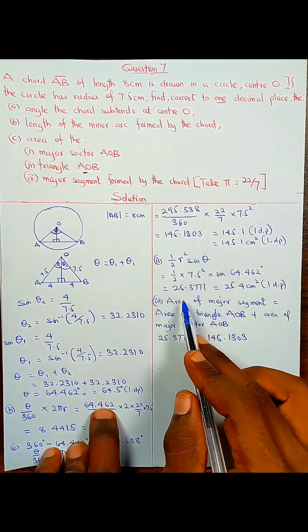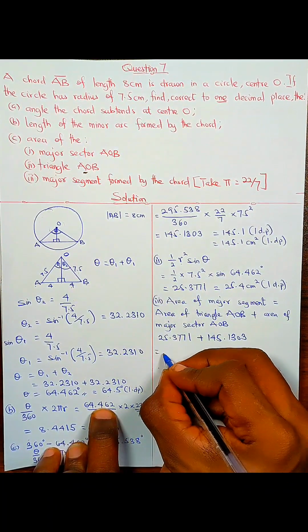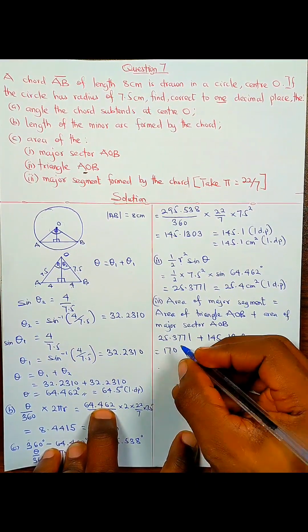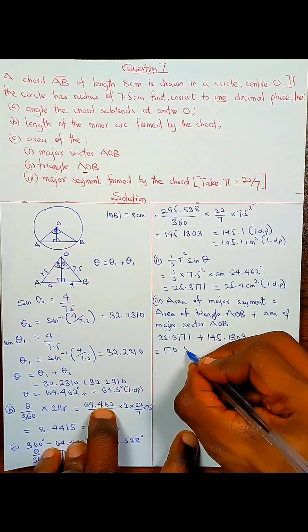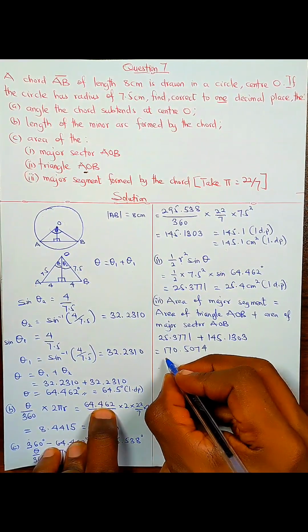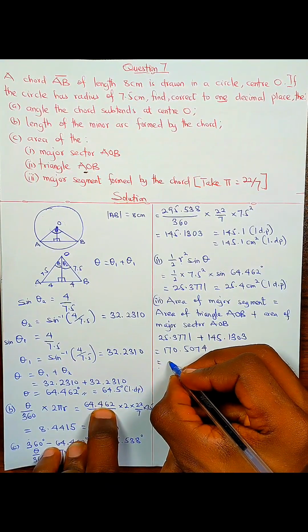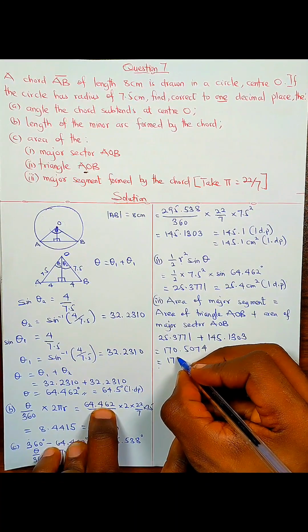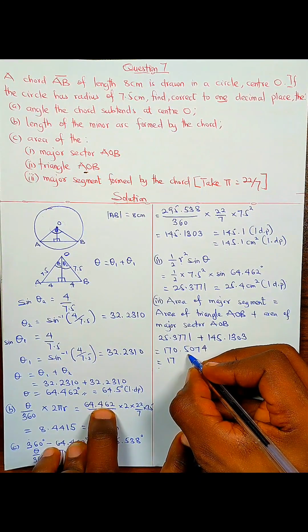I'm using the longer values and I'll approximate it finally to 1 decimal place. That is giving us 170.5074. To 1 decimal place, I'm going to get 170.5.